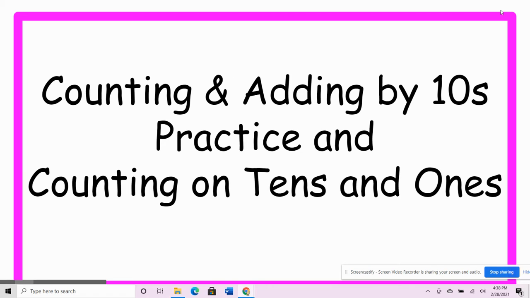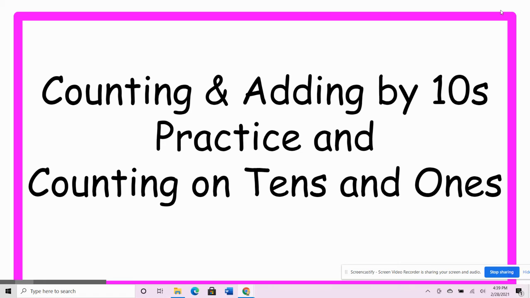We are doing a little bit of practice of counting and adding by tens, and we will be previewing our next lesson, which is counting on by tens and ones. So you'll see how we move along, and you will need your whiteboard and marker.